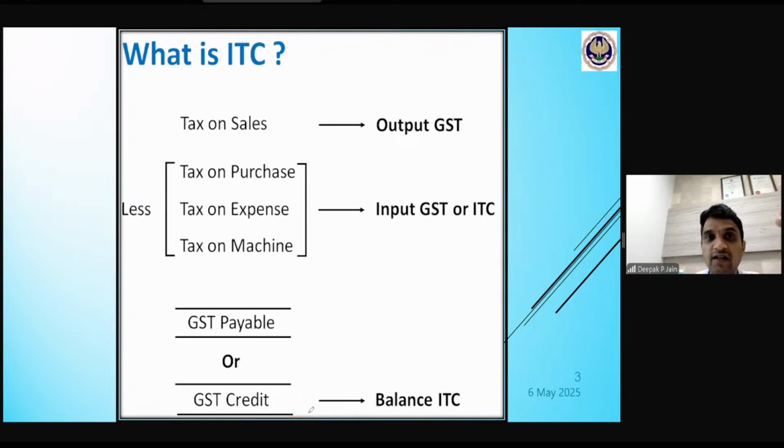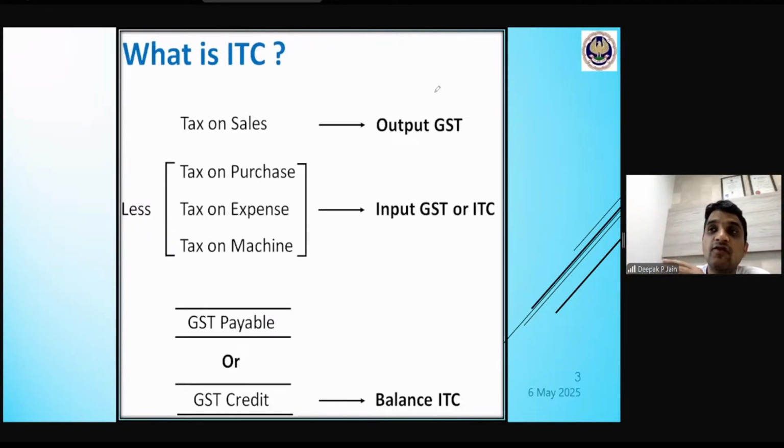GST credit means that you have made sales, but the tax payable on those sales is less than your input tax credit. When is it possible? Various scenarios are possible.